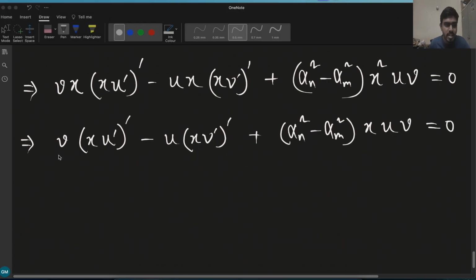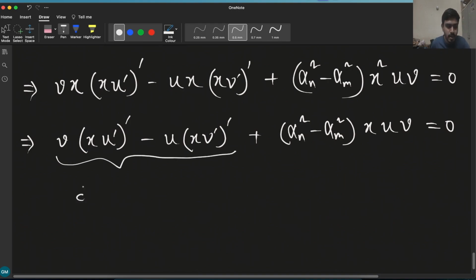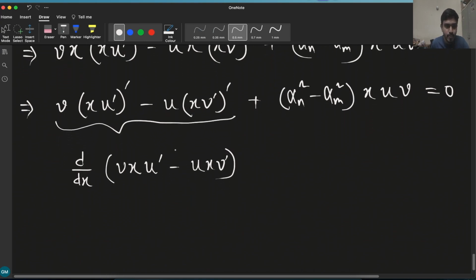And now if I look at this term, this is nothing but d/dx of (v x u dash minus u x v dash). You can just prove it as a homework, that if you do the d/dx of this term, then you will get 4 terms basically, if you treat these 2 terms and these 2 terms together, and 2 of them will get cancelled.